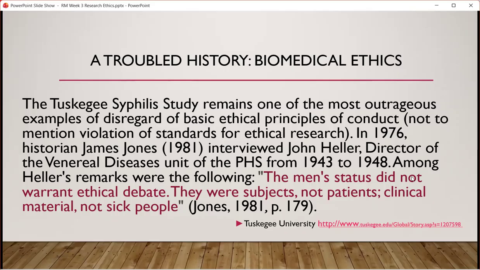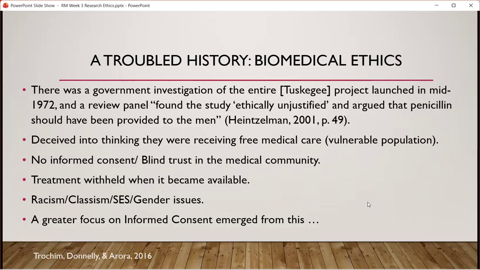And again, all of the participants were Black men who had families. When the government finally did the investigation and ended it in 1972, it had gone on for nearly 40 odd years. The review panel found that the study was ethically unjustified and argued that penicillin should have been provided to the men.